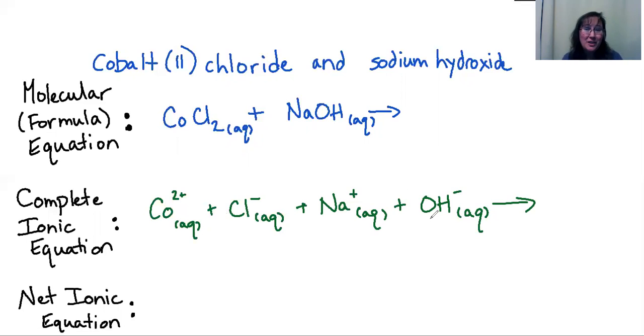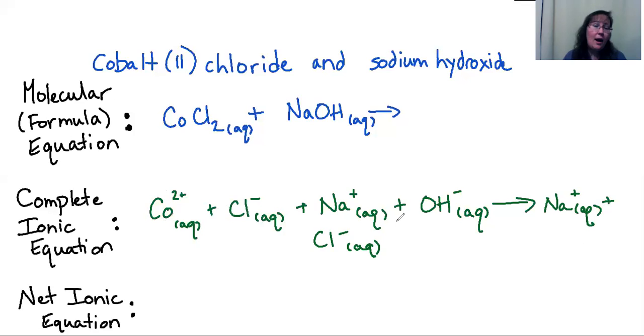So what happens if I switch them and put the chloride with the sodium? Well, I know that chlorides are soluble and sodiums are always soluble, so that's not going to be it. So those are going to stay as ions on this side of the equation also. I know that those aren't going to come apart. Now I take a look at my cobalt and my hydroxide.